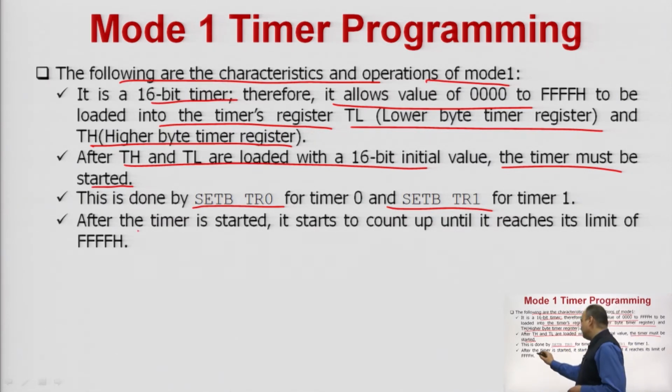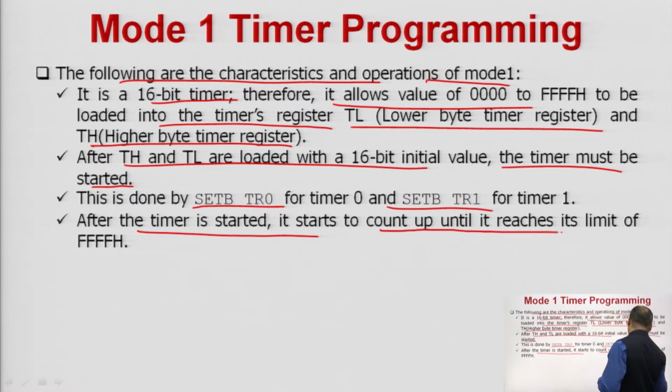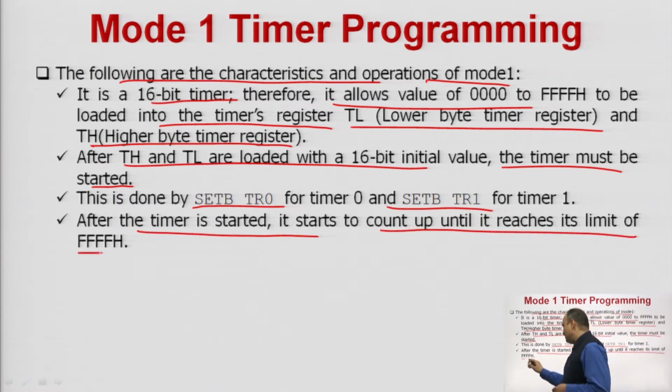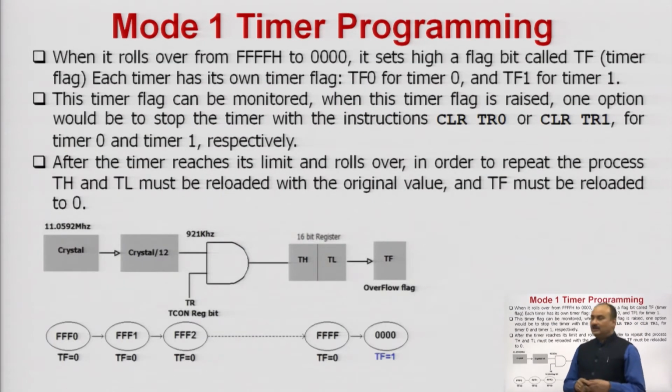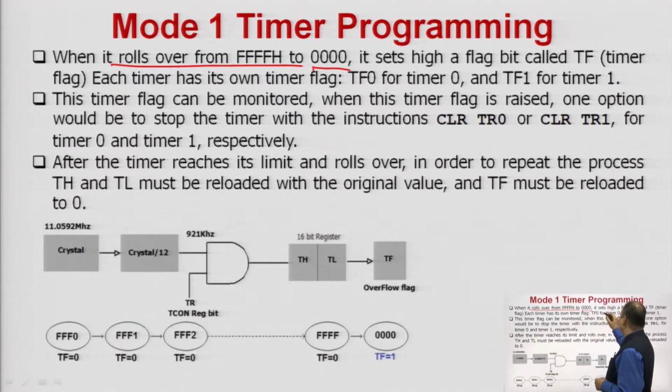After the timer is started, it starts to count up until it reaches its limit, the final value, which is FFFFH. So this is the mode 1 timer programming. When it rolls over from FFFFH to 0000H, that is, once the final count is reached and the timer rolls over from the final value to the initial value, it sets a flag bit called the timer flag.